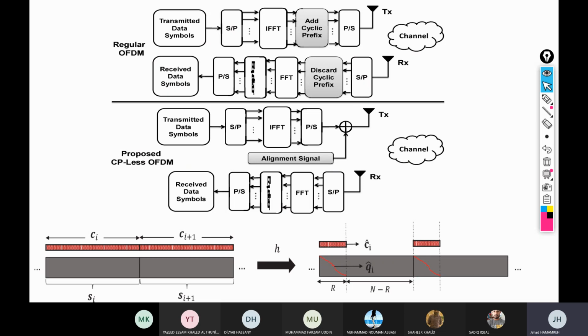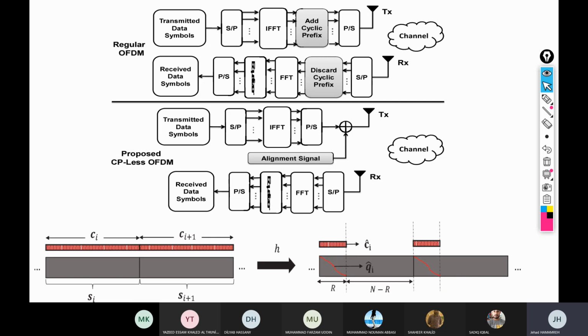Basically you add a signal on top of your OFDM symbols, and these signals, the red signal, will cancel the interference between the consecutive symbols, and therefore you will end up getting interference-free reception at the legitimate receiver, while you will get significant interference at Eve, because these signals are designed based on Bob's channel.